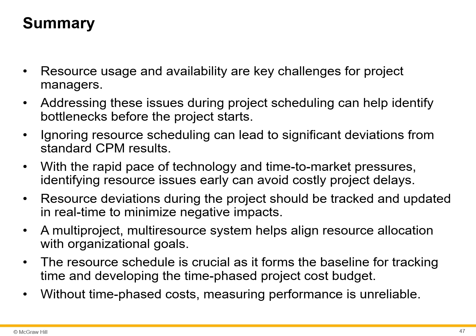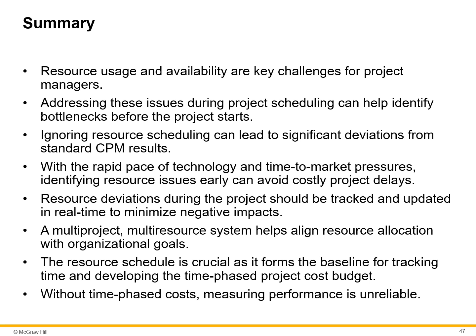So ignoring resource scheduling can lead to significant deviations from standard CPM results. With the rapid pace of technological and time-to-market pressures, identifying resource issues early can avoid costly project delay and consequent problems. Resource deviation during the project should be tracked and updated in real time.